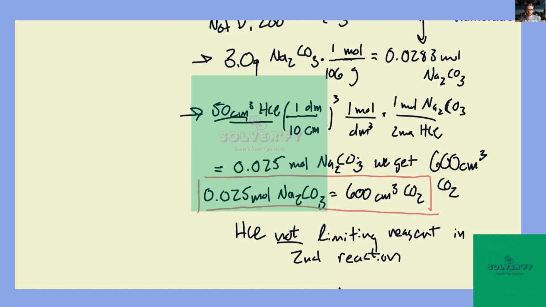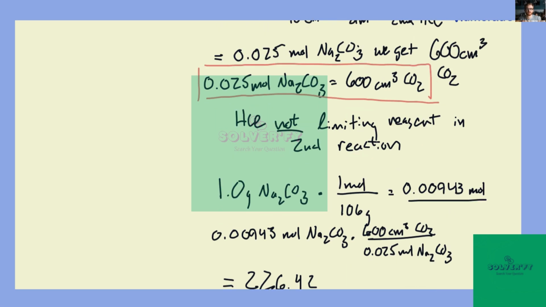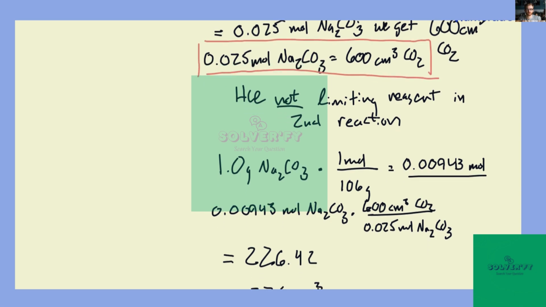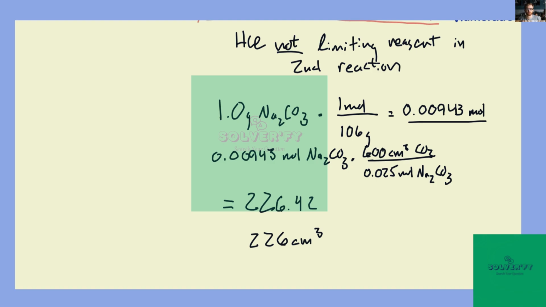And then once we knew that, we could figure out what the ratio between moles of sodium carbonate and centimeters cubed of CO2 was. And with that factor, and knowing the second time around that HCl is not our limiting reagent, we basically converted grams of sodium carbonate into moles of sodium carbonate, and then used those moles along with the factor we developed to determine how many centimeters cubed of CO2 we should get out at the end.